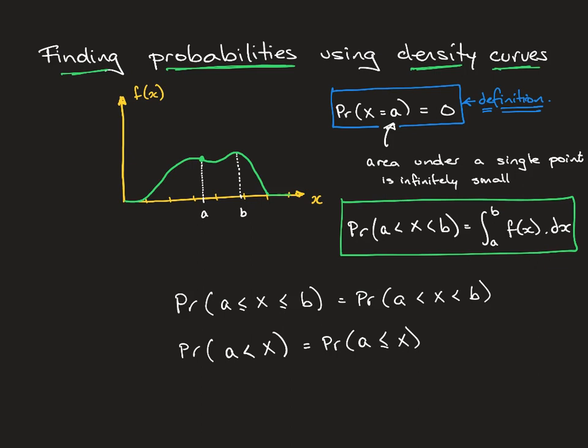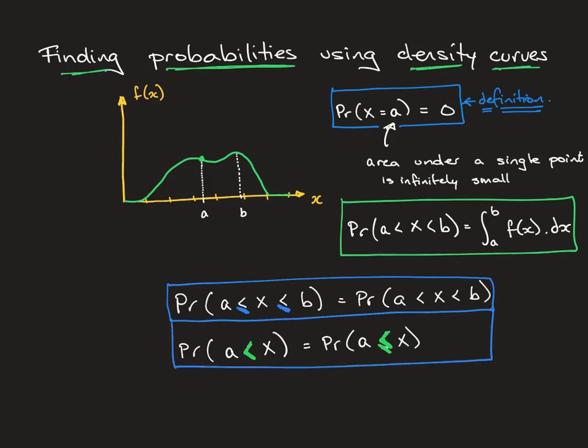Because the probability that x is equal to a particular value, we've got an equal here, is actually 0, what we've got by definition is that those two probabilities are the same, as are these two probabilities, that a is less than x and a is less than or equal to x. For continuous random variables, they are the same, and these ones are the same.